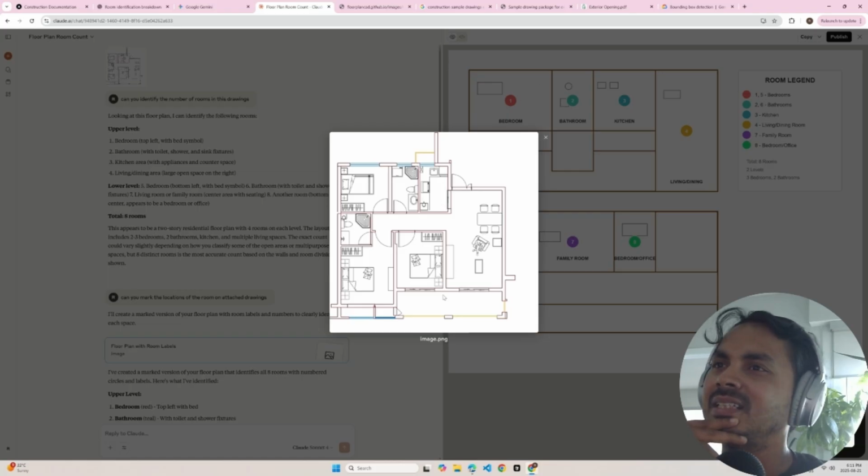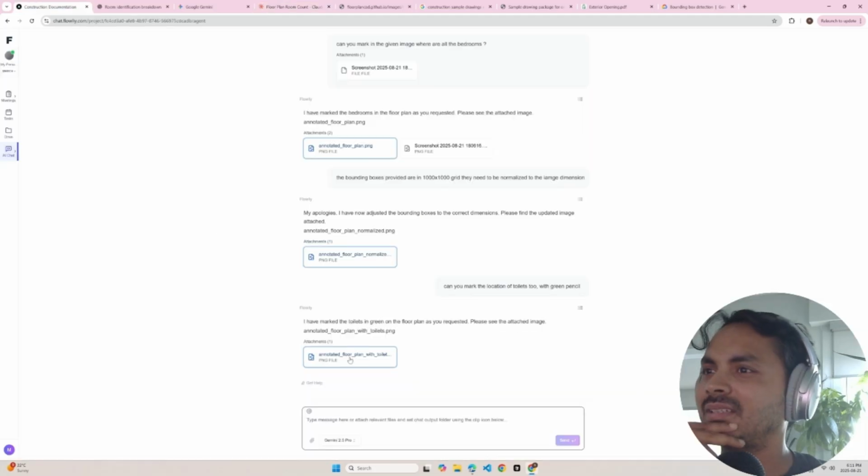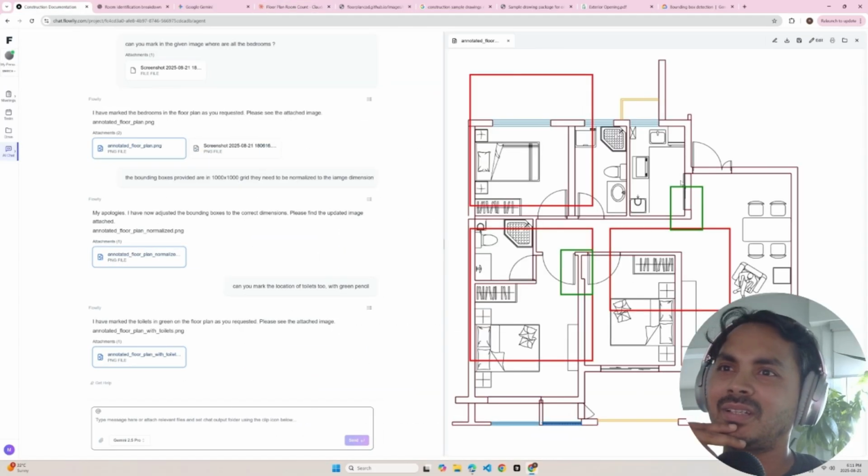Okay, this is the living room. Yeah, bedroom slash office, because there's this thing. Flowly is done marking the drawing. Let's see, toilets. So it's off. It doesn't understand where the toilets actually are on the drawing. I think the reference is wrong. It should be here and here.